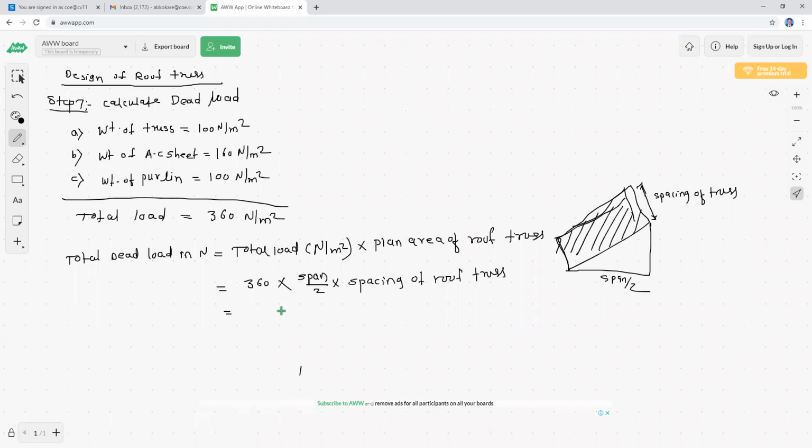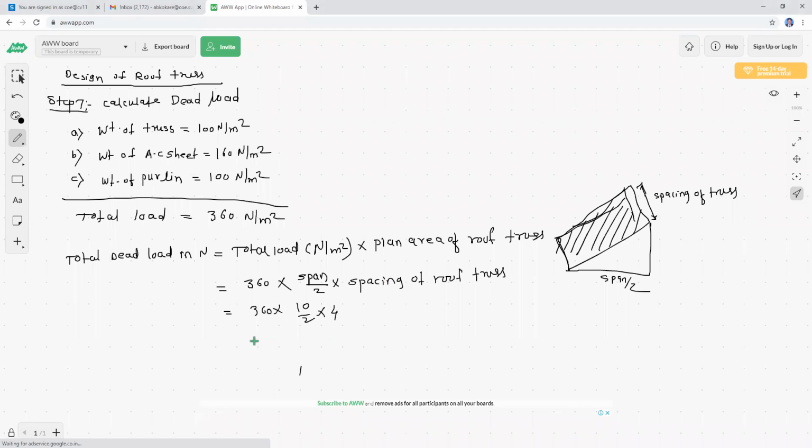Okay, so now 360 into span. How much span is given? 10 by 2 into spacing of roof truss is how much? Spacing of roof truss is, I think, 4 meter given in the problem statement.